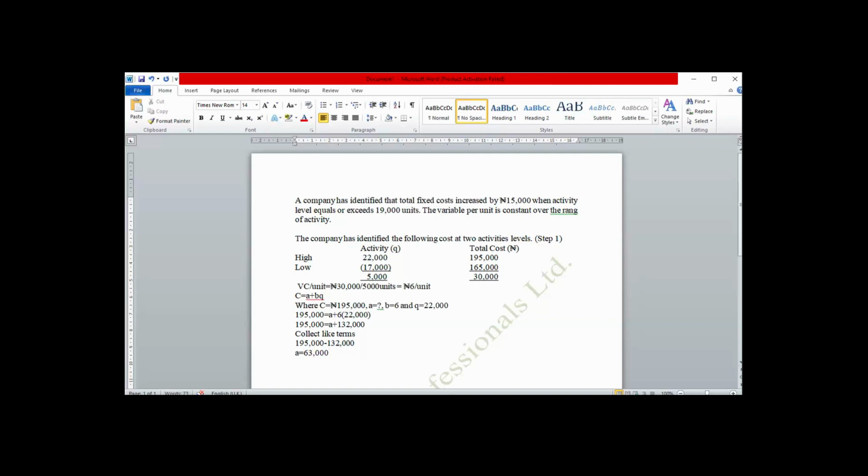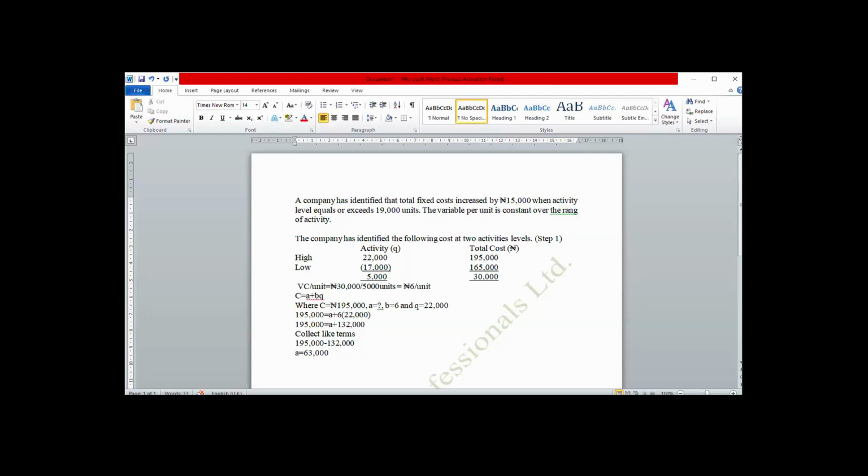This is what should have been the result if we don't factor in the increment. Is that clear? Yes, sir.